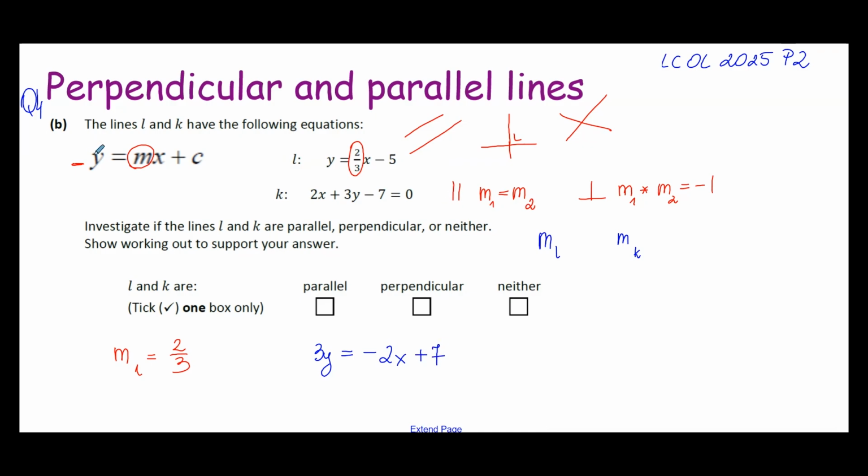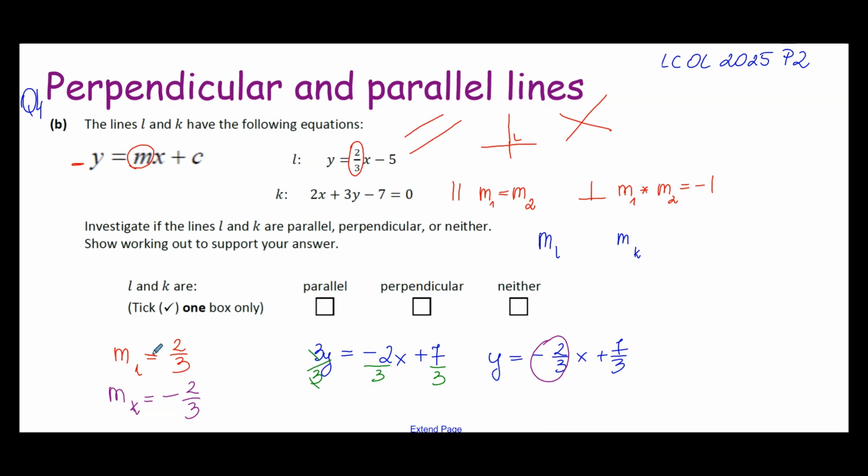Now, we need y on its own, not 3 multiplied by y. To get rid of that 3, we divide, but we have to divide each element of this equation. So there it is. Now we have y equals -2/3x plus 7/3. And then the slope of the second equation, so mk, is -2/3.